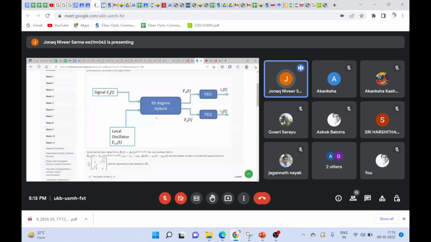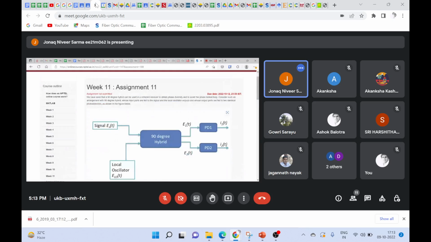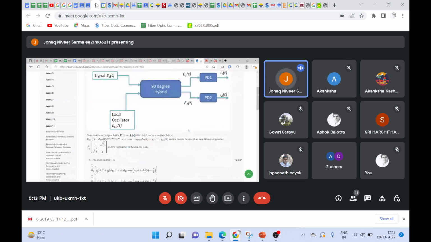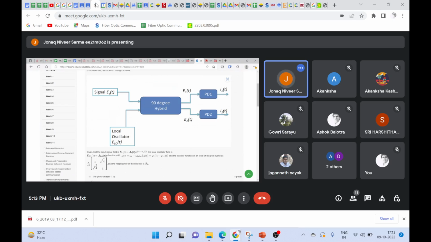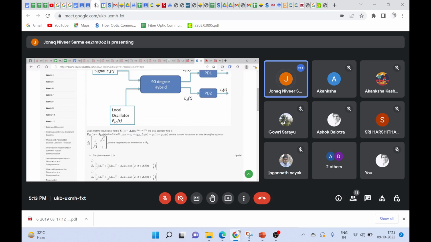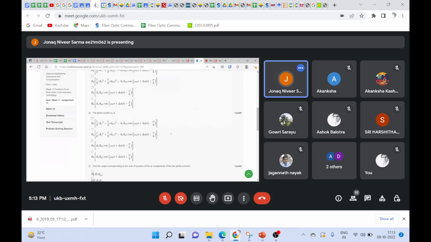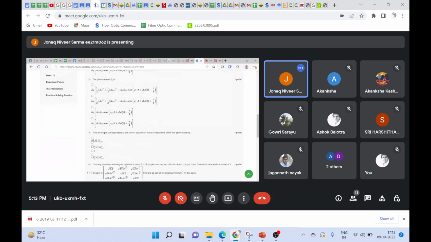So in this assignment, you're given the transfer function for the 90-degree hybrid. Just use this and follow whatever steps we used in our class also. But this is not balance detection. It's just asking for I1 and I2, and then it's asking for the square of the AC components.